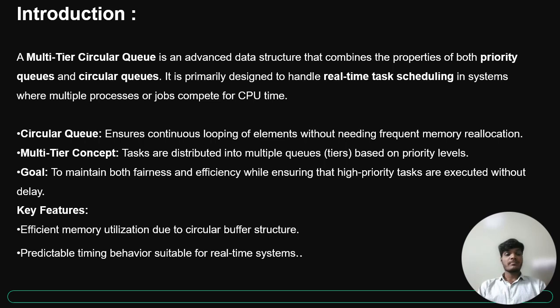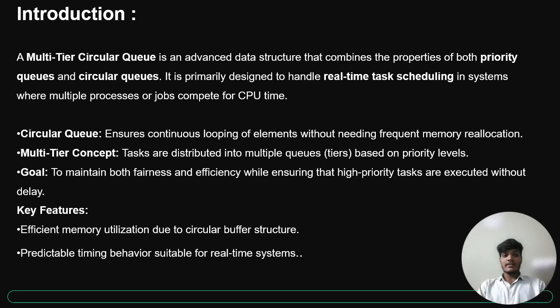Multi-tier concept: tasks are distributed into multiple queue tiers based on priority levels. Goal: to maintain both fairness and efficiency while ensuring that high priority tasks are executed without delay. Key features: efficient memory utilization due to circular buffer structure and predictable timing behavior suitable for real-time systems.